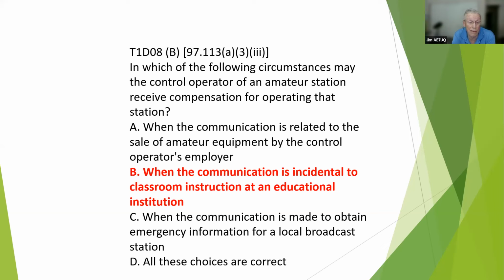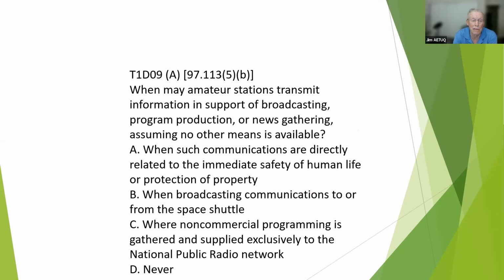You may recall there's a lot of times where a class will get in touch with the International Space Station as part of a science project or something. And so the fact that the teacher may be a licensed ham radio operator, he's not prohibited from the commercial aspect of the FCC rules. So it is incidental and for an educational purpose.